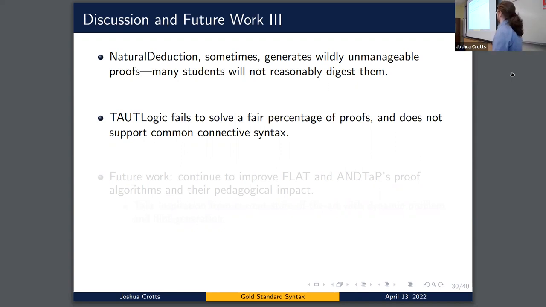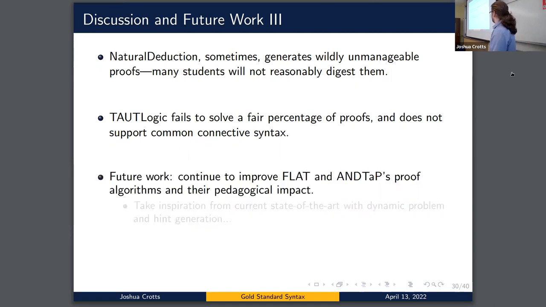And also one thing that we noticed, which was kind of odd, was that you can't use generally or widely used connectives like the wedge or the plus sign for disjunction. You have to use the words or, implies, or then. That's kind of odd, but that's what you have to do.